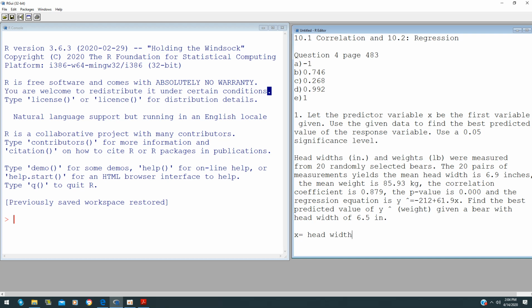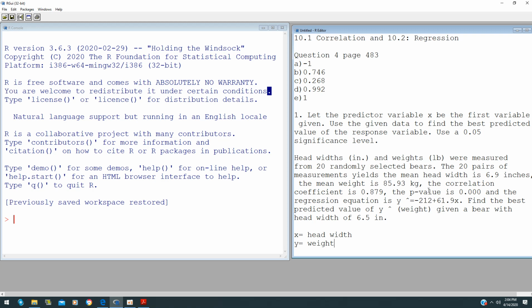This is very important in chapter 10, because if you do not define x and y, or you switch them around, you will get a totally wrong answer.